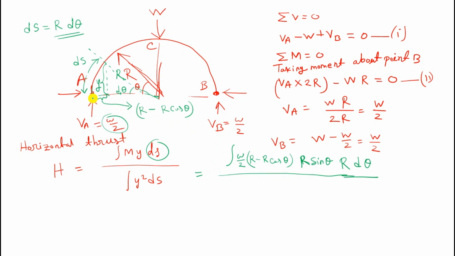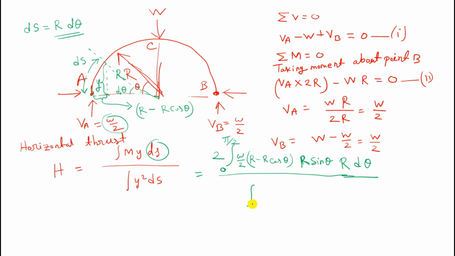And we are going to consider the half portion, a to c, so the limit will be 0 to pi by 2 multiplied by 2. We are considering the a to c portion only, that's why 0 to pi by 2, and again we have to consider the total arch a to b, that's why we are multiplying by 2.